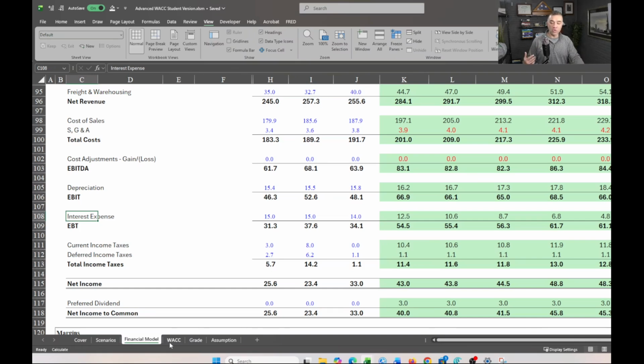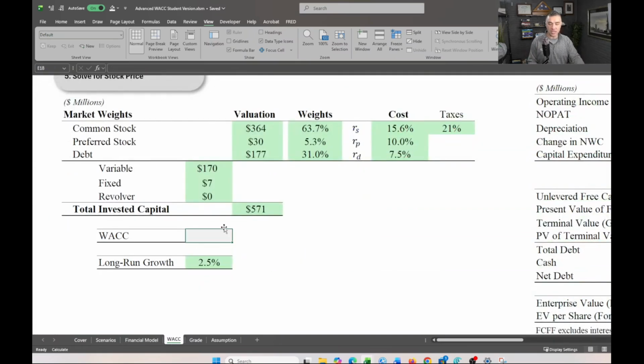So in the WACC, I want to make sure I multiply the before tax cost of debt times 1 minus the tax rate. In other words, we get a 21% discount on it. That means 79% of the interest on our debt we have to pay. 79% we have to pay, 21% discount.